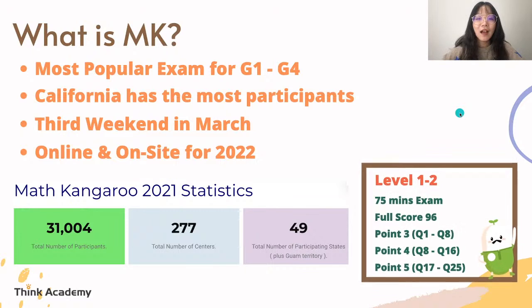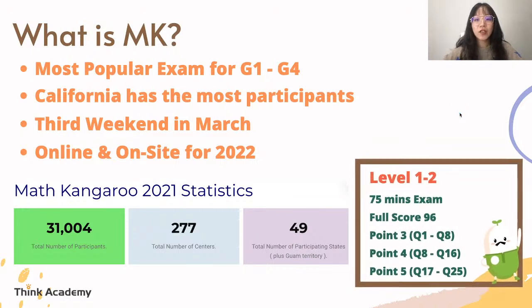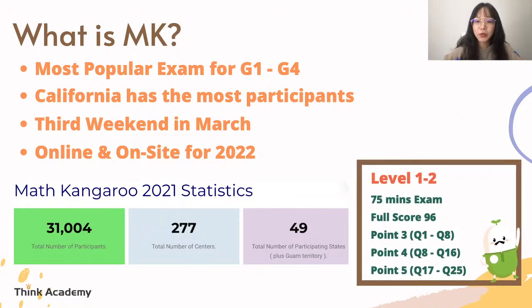First of all, I just want to give you a brief introduction about what Math Kangaroo is. Math Kangaroo is a very popular lower school competition, particularly for grade 1 all the way to grade 12, and it has different levels. California has the most participants, and it is normally held on the third weekend of March.